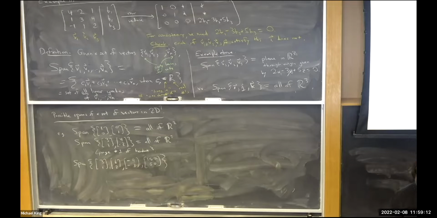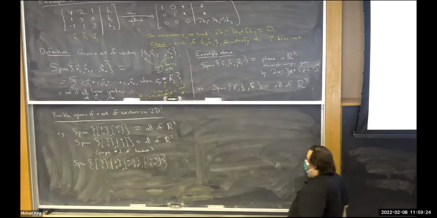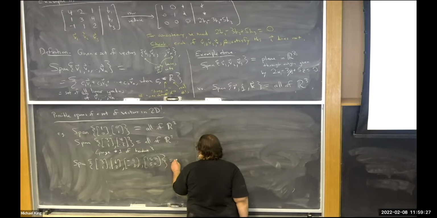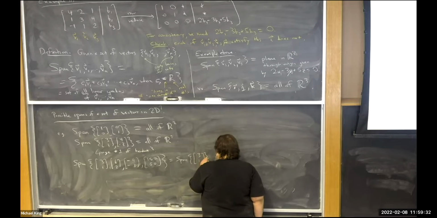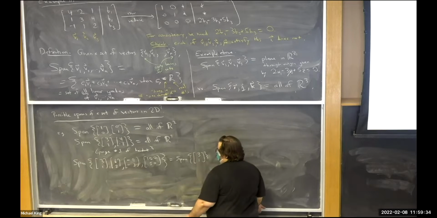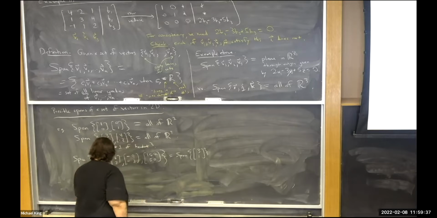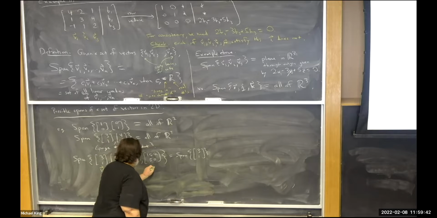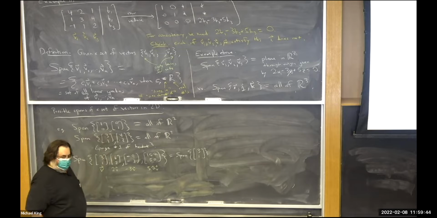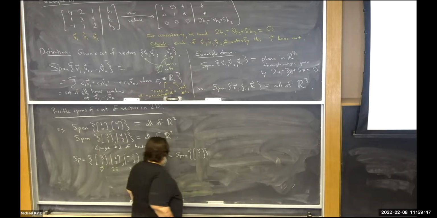Do you agree? Everything is multiples of the (3, 1) vector, right? So we could actually just say this is really the span of just the (3, 1) vector, because these are all multiples. If this is v, then this is 2v, -3v, and 50v. So it's really just the span of that, and that's a line through the origin.